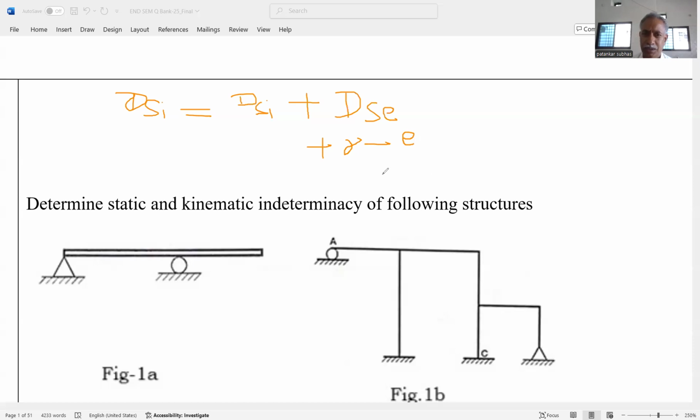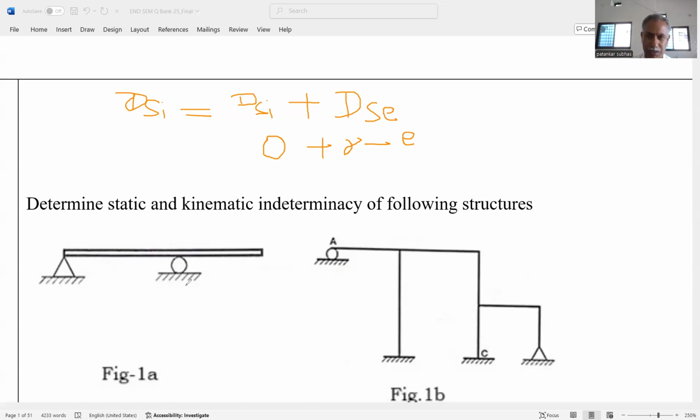But if we know the reactions, then we can find out the shear force, bending moment, and axial force, or we can say the shear stresses, bending stresses, and axial stresses. And that's why, specifically in case of beam, it is zero. So internal is zero and external is R minus E.